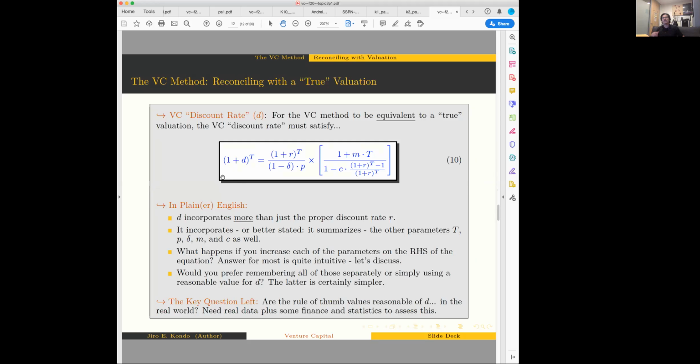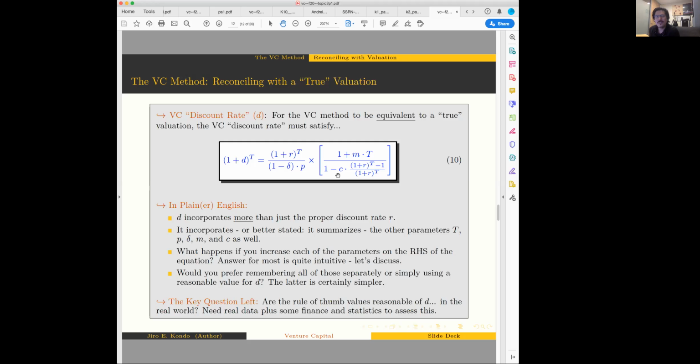What it told us was that the VC, in quotation marks, discount rate was not a discount rate. It was something that picked up a whole bunch of information. In particular, it picked up the discount rate. That shouldn't be a surprise, right? But it also picked up expected future dilution, probability of success versus failure, and all the fees that the venture fund charges, right?